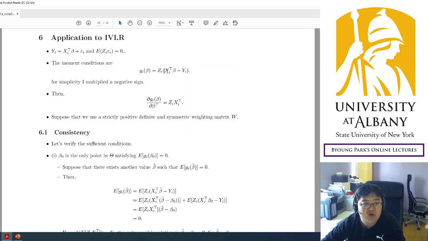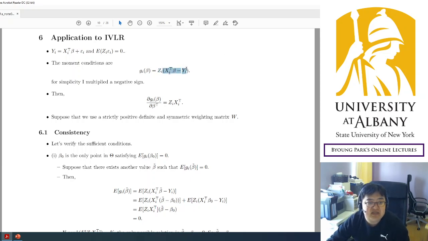You may put y minus x beta, but I write it the other way because the derivative with respect to beta is positive when you write it this way. Multiplying by -1 does not matter because anyhow it will be equal to 0.